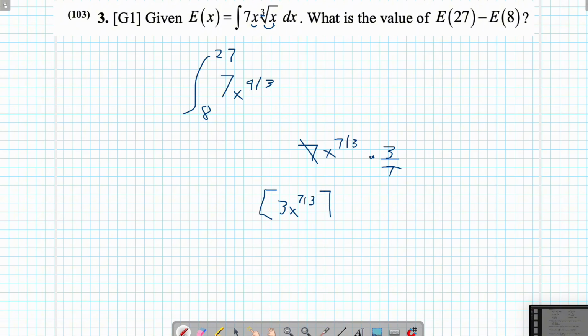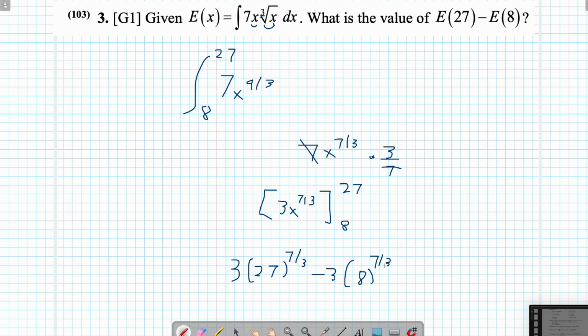from 8 to 27. So what we're gonna do now is 3 into, and then we just substitute x by 27 first, to the power of 7 over 3 minus 3 times 8 to the power of 7 over 3 as well, which should be getting you around, just plug it in.